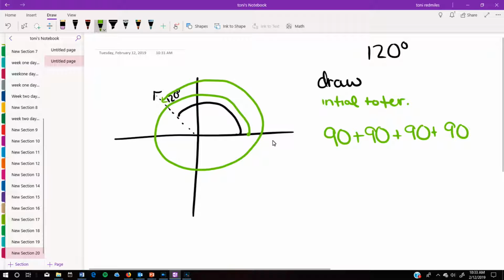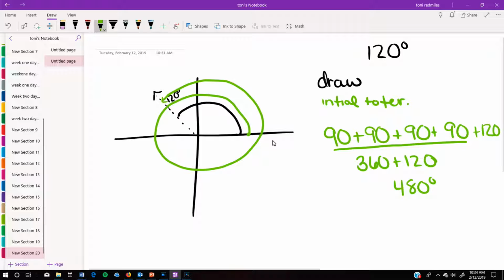And then lastly, I go my 120 degrees. So you should know that 90 plus 90 plus 90 plus 90 is 360. And then I add my 120 angle, which is going to give me 480.